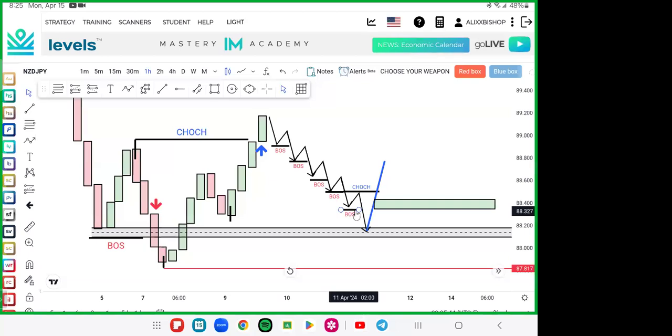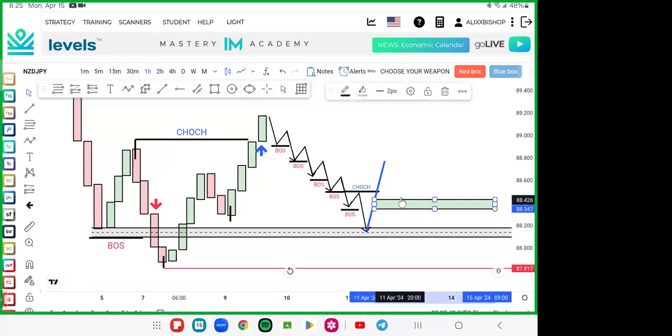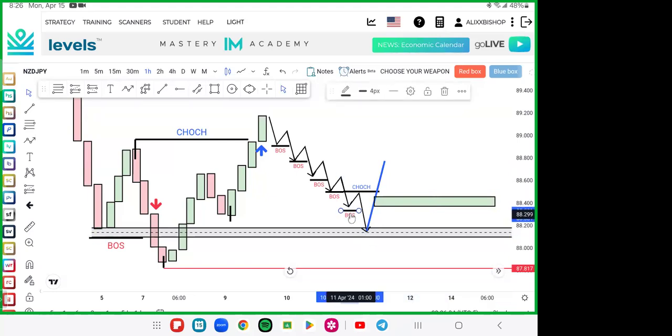Or where's my second opportunity, guys? We have a starting point as opportunity one. The head is not an entry, it's only a stop loss. The shoulder, my BOS is my shoulder.